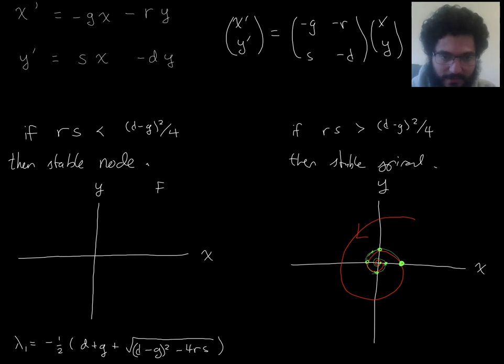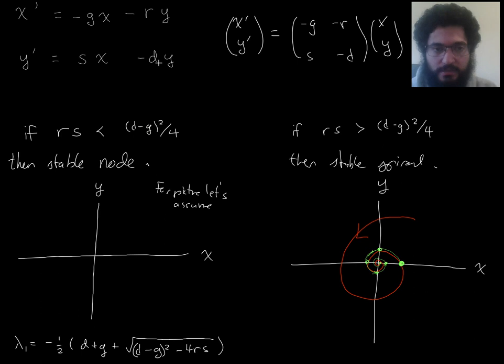For the picture, let's assume, I don't know, how about randomly, let's say your body tends to flush out insulin more quickly than it flushes out excess glucose.